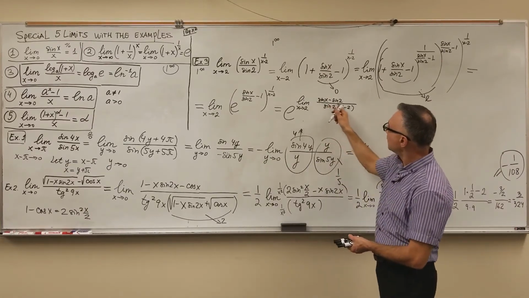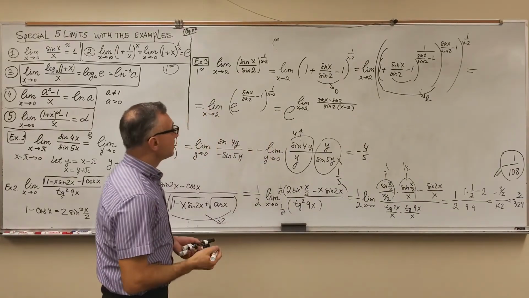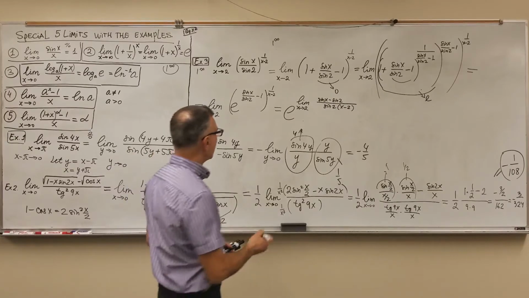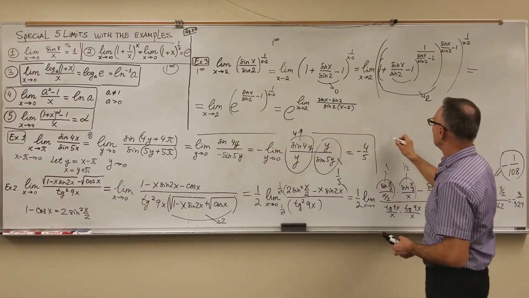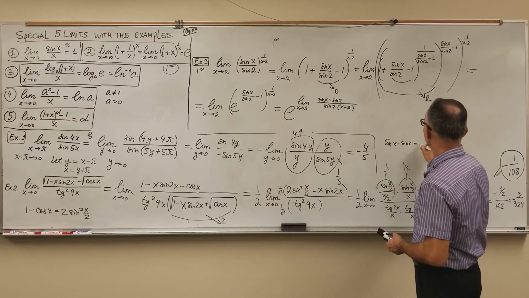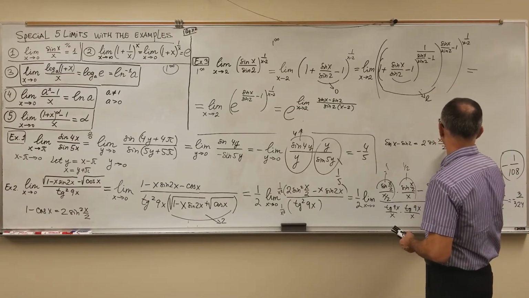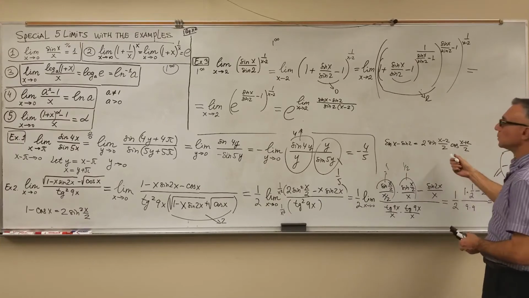Now, here I have the difference of the sines. It's also a basic trig formula. We all know it, and we all remember it, that sine x minus sine 2 is equal to 2 sine of (x minus 2) over 2 times cosine of (x plus 2) over 2.